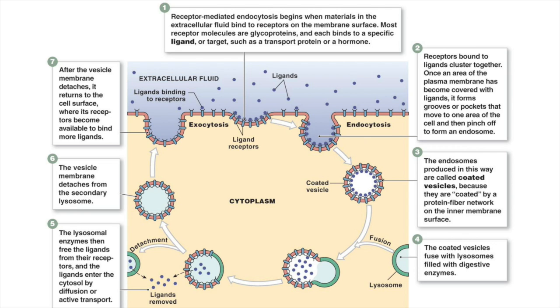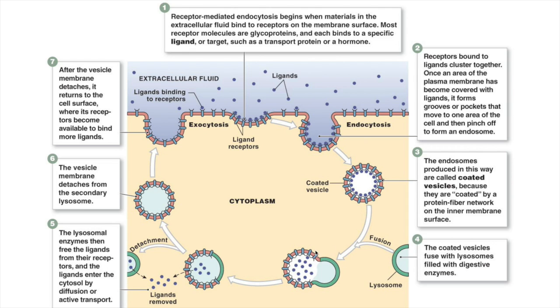Sometimes our cells need a certain nutrient. One example of this is cholesterol, and your cell will put receptors for cholesterol out into the plasma membrane. And then they'll bind to the ligand, whatever it is, and then it will pinch off this vesicle and bring that into the cell.